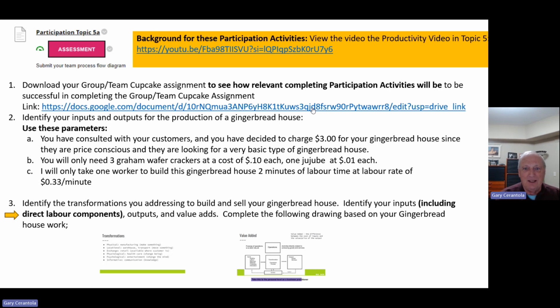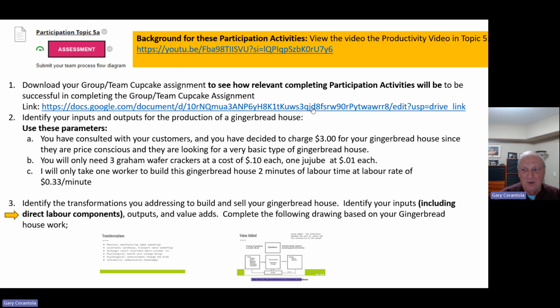You've built this, and first of all, you've consulted with your customers, and you've decided to charge $3 for your gingerbread house, for which I'm requesting you to do productivity analysis in 5B. The reason why is they're price conscious and they're looking for a very basic type of ginger house.